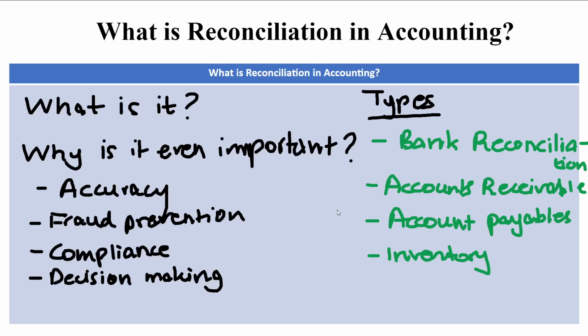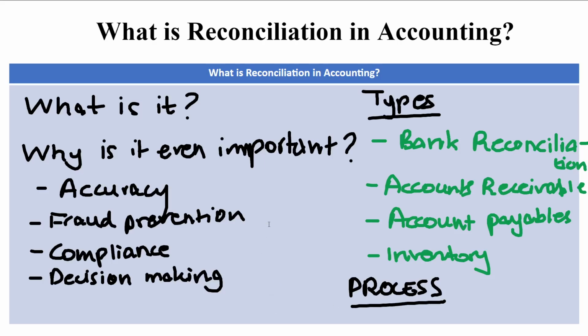Now we're gonna go more deeper and look at the actual process. So the reconciliation process. So let me just write it down with the black pen because it's the heading. So we're gonna talk about the process now. All right.